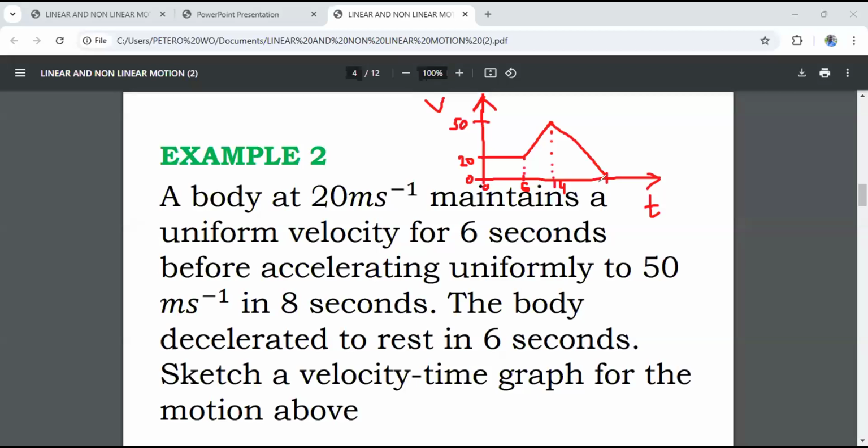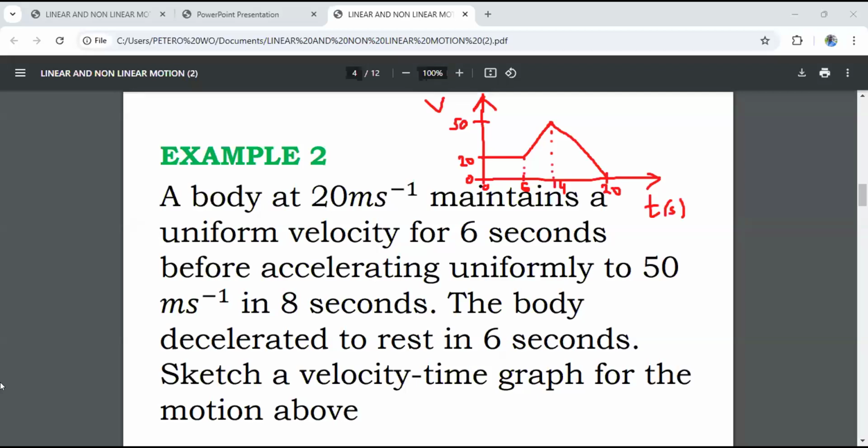So that means the time that we have here is 20. So this is in seconds. So if you have something like that, then that is the correct thing that we are having for that graph.